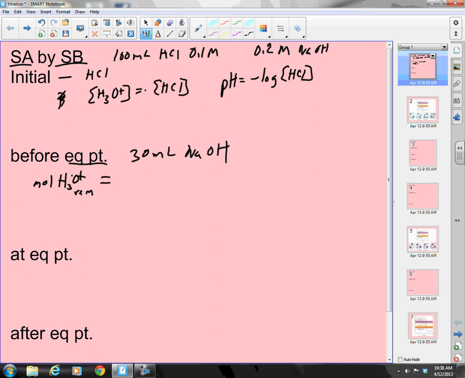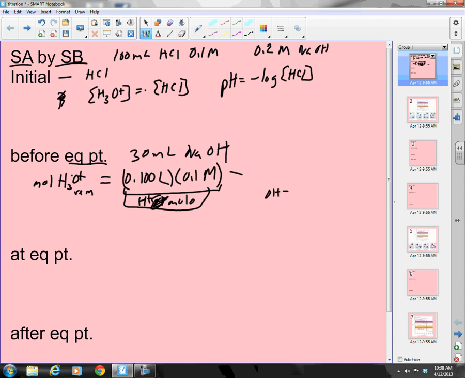I'm going to take my initial moles, so 0.100 liters times 0.1 molar. And this is my initial moles of H plus, minus moles of OH added.